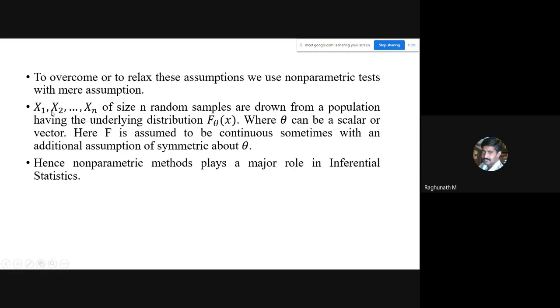Yesterday I told how the random variables are defined. Each of X1, X2, ..., Xn is a random variable, and for each of them I make some observation, that is small x1, small x2, ..., small xn. If I take a realization for all these observations, then sometimes we are going to consider the magnitude.